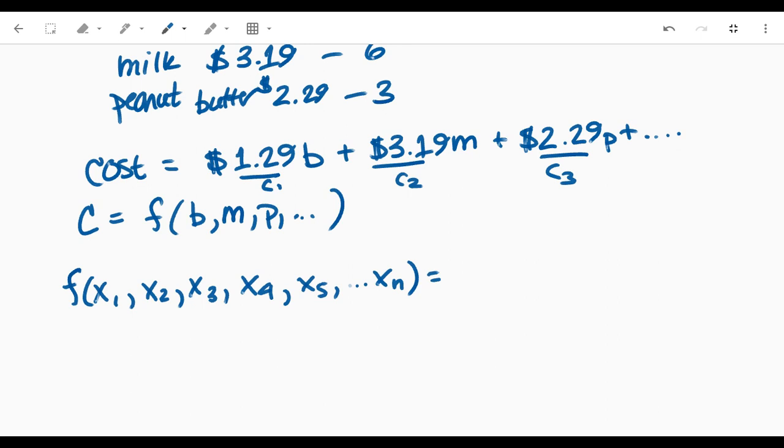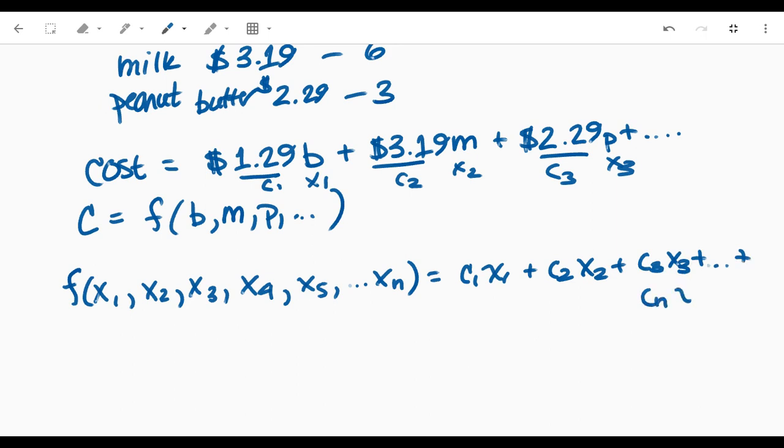So you would have C1 times x1, right? This is like your x1. This is like your x2. This is like your x3. And your Cn xn.